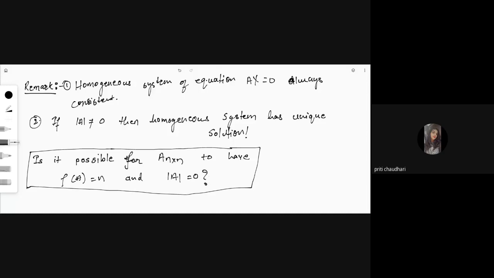One more answer: if the rows are linearly independent, then the determinant of A is not equal to 0; if the rank of A is n, like... You are reading some book? No, sir. Okay. Sir, if the rank is n, then the determinant can be 0. Can be 0, sir. No. I have an example.